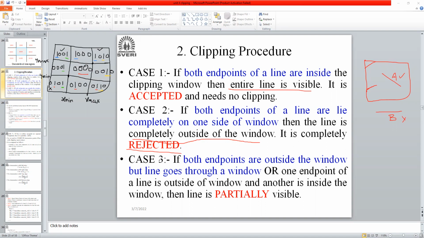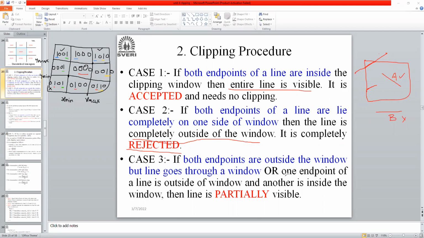And in case 3, both endpoints are outside, but the line goes through the window. We have seen the example. Both endpoints are outside, but the line is passing through the window.